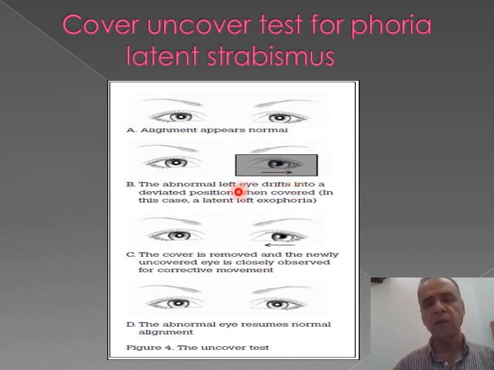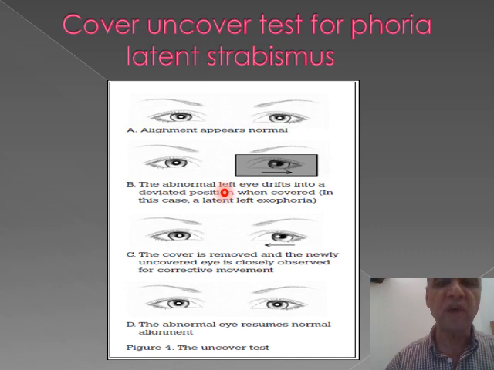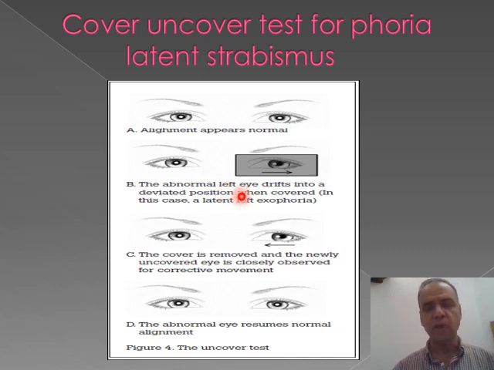Put in your mind that this is a very common problem, and according to the direction we also have four types: esophoria, exophoria, hyperphoria, hypophoria. But exophoria, like in this example, is the most common one.